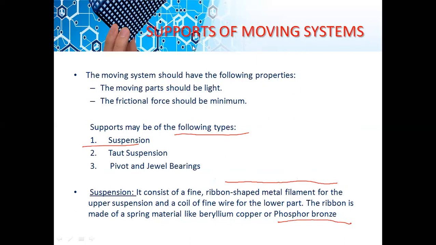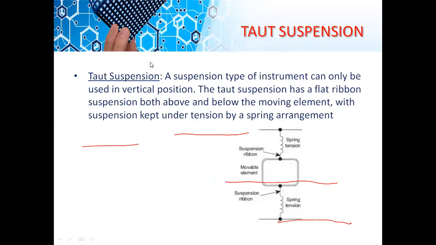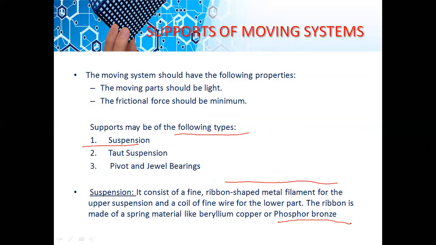Now we'll have a look at the support of the moving system. The moving system should have the following properties. One is the moving parts should be light and the frictional force should be minimum. Moving system should be supported by a fixed system.